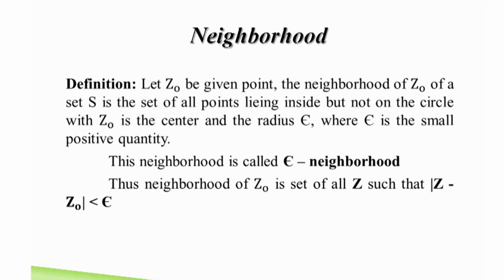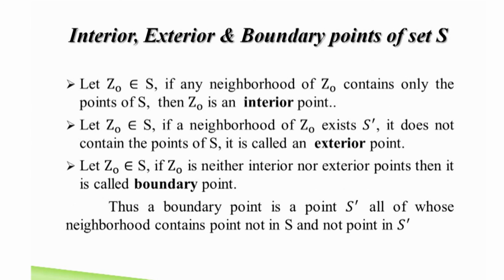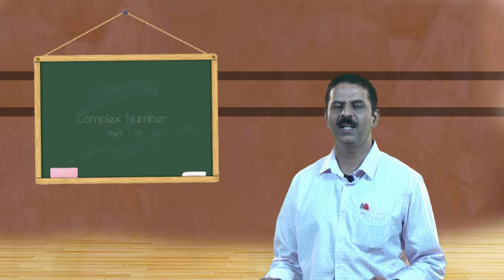Epsilon is a very small positive quantity, and since we are defining the neighborhood by using epsilon, it is called epsilon neighborhood, and that we will write as modulus of z minus z0 is less than epsilon. It represents a circle, and that is the epsilon neighborhood. Next, with the help of neighborhood, we are going to define interior point, exterior point, and boundary point of a set in the next class.